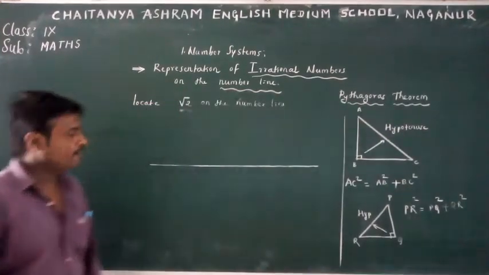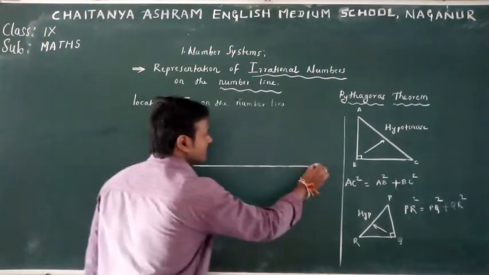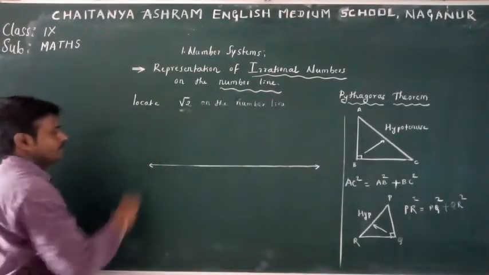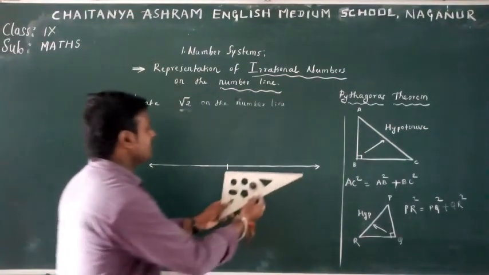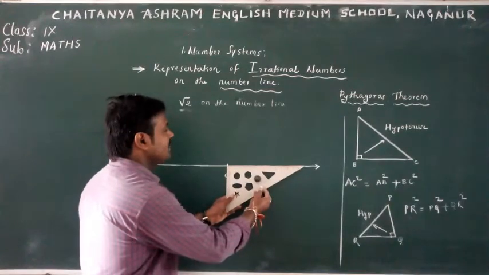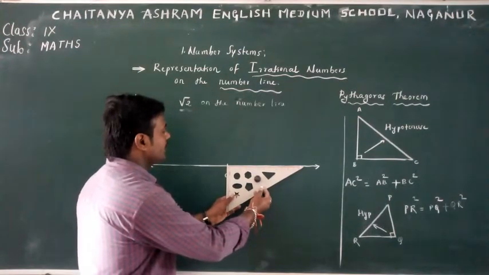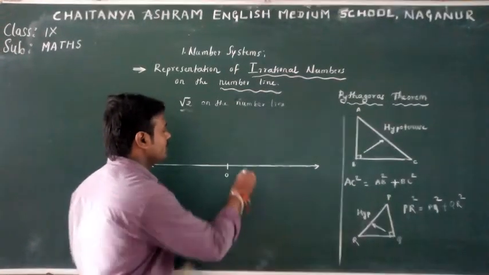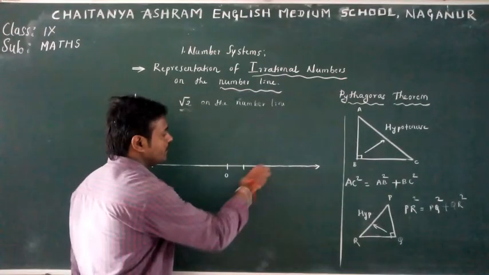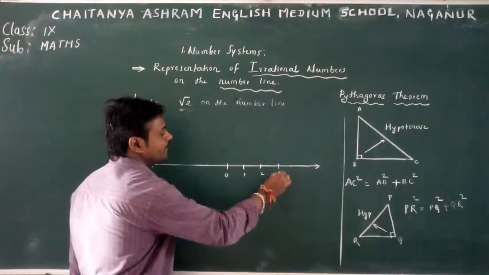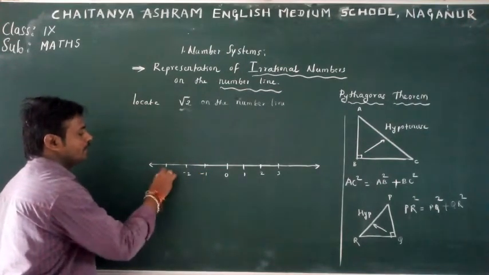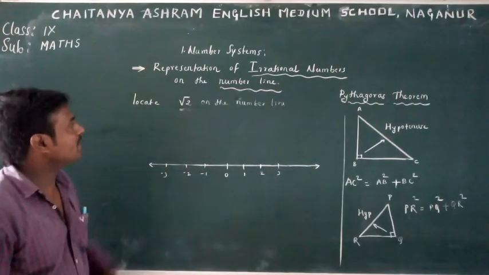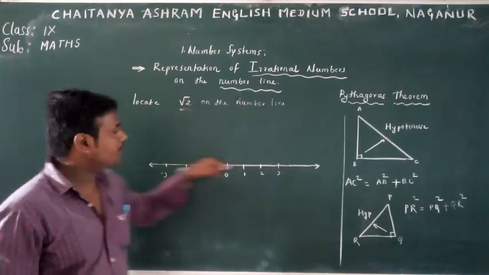Okay, this is a number line. Take this as 0. Take 1 centimeter. These dimensions are not accurate. So this is 1, 2, 3, and here it is -1, -2, -3. We represent root 2 on the number line.